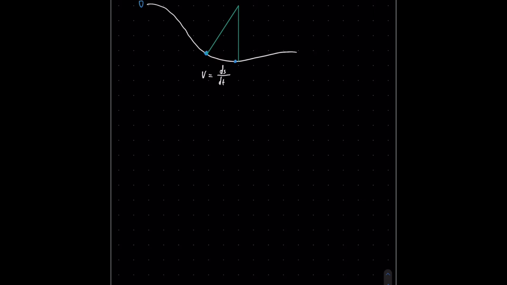But what is this ds here? Well, we do have a radius here, and the particle did move an angle d theta. So we could say the small ds is the radius times d theta. Why? Take the radius for example.